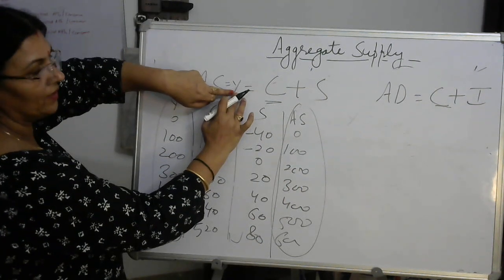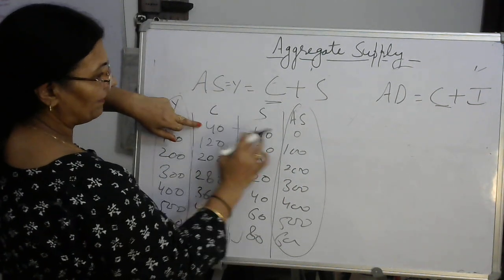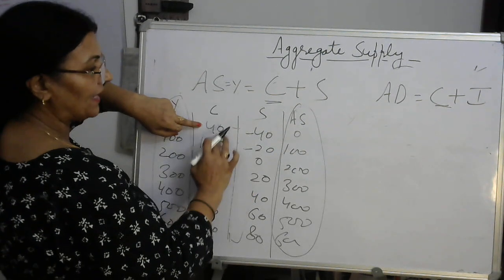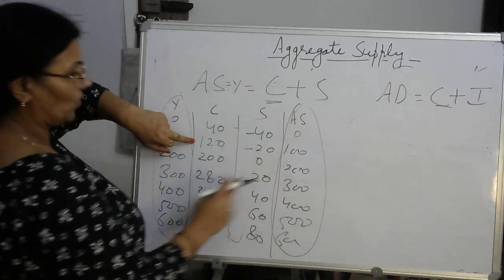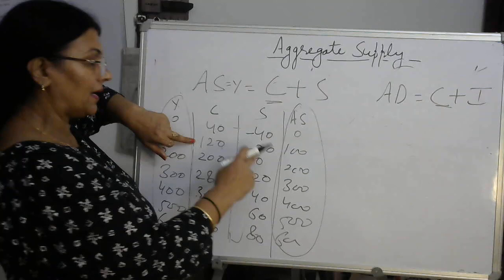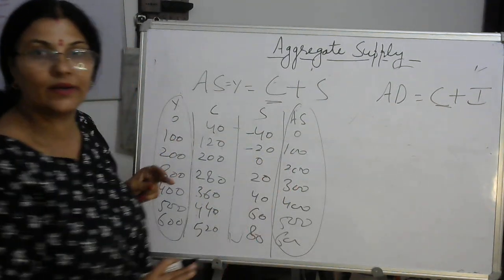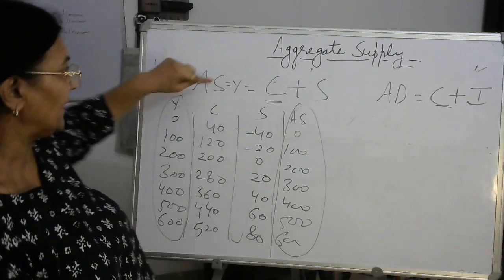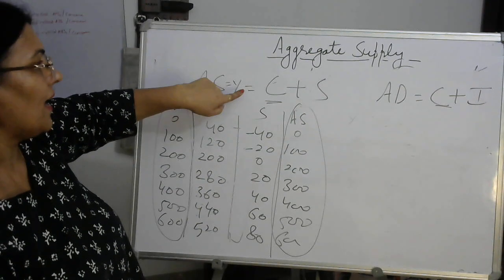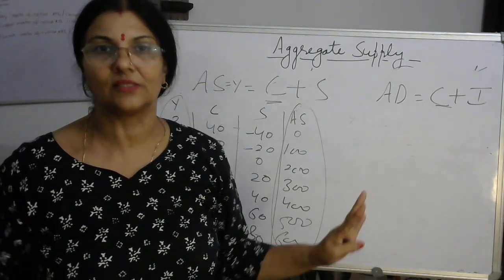And Y is equal to C plus S. 40 plus minus 40 is equal to 0. 120 plus minus 20 is equal to 100. So it is proved that AS is equal to Y and Y is equal to C plus S.